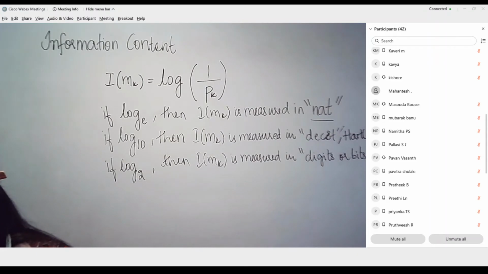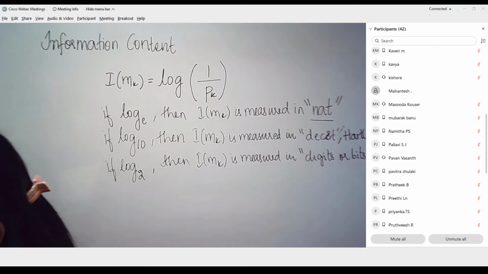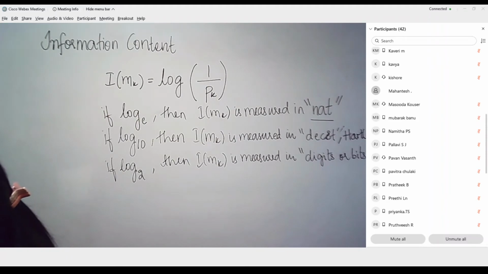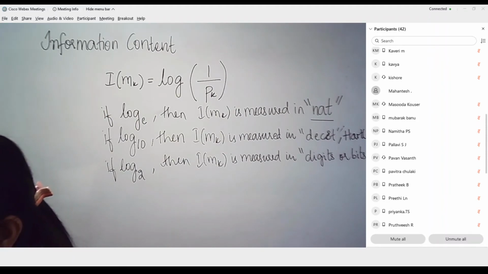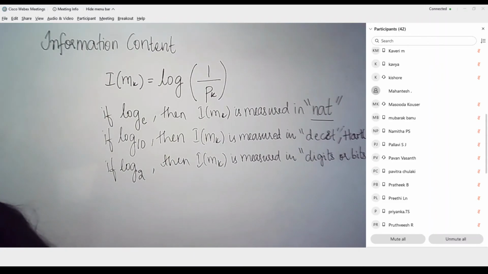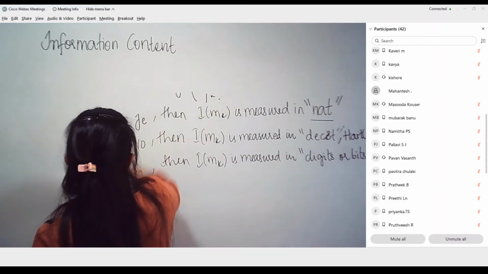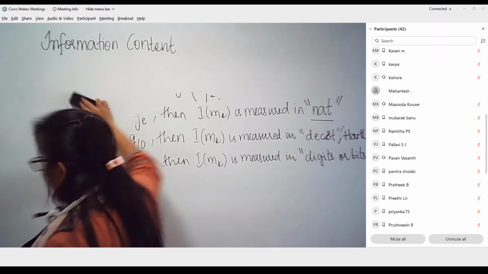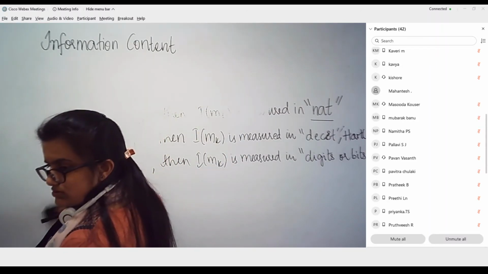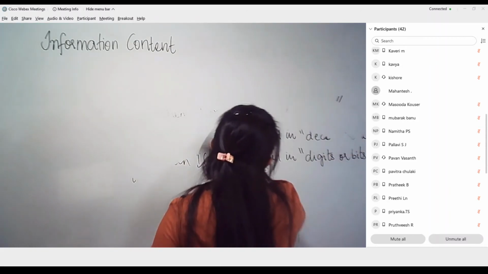A source puts out one of the 5 possible messages during each message interval.